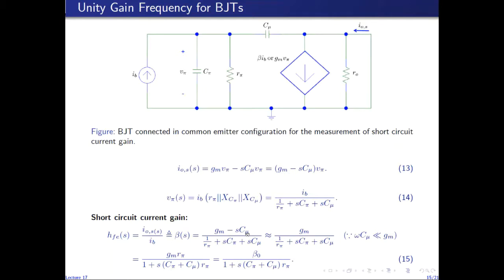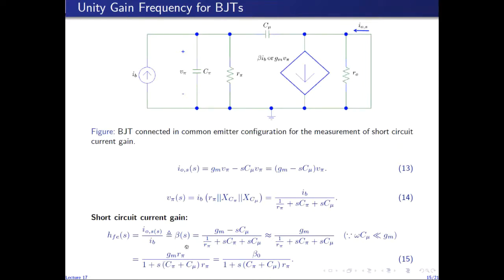So under the assumption that the magnitude of this second term, which is because S is j omega, so the magnitude of the second term is omega times C mu. So under the assumption that omega times C mu is much smaller than GM, we can approximate the short circuit current gain with this expression, which can be solved to obtain this result.